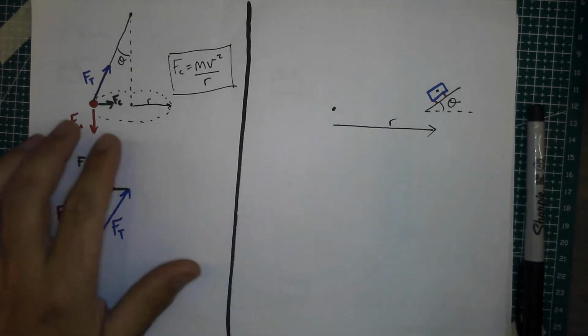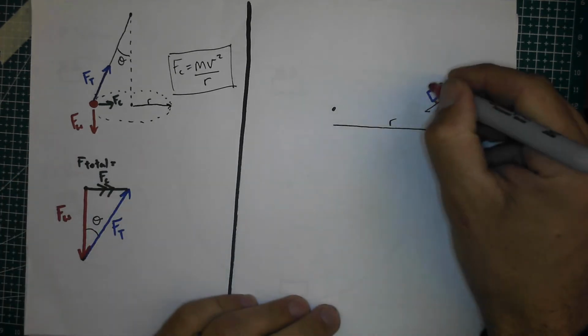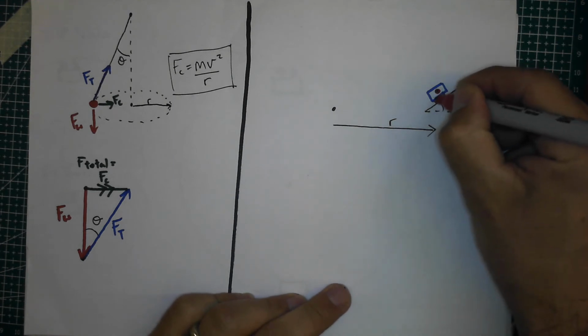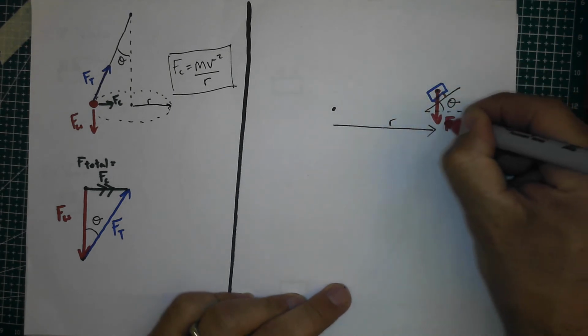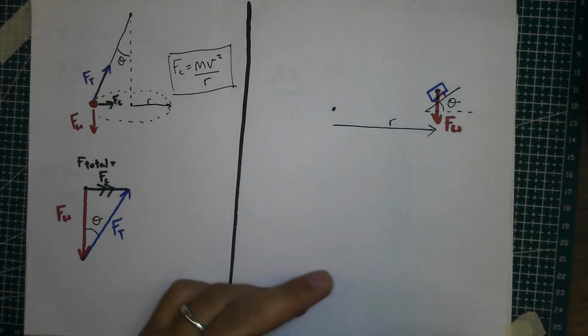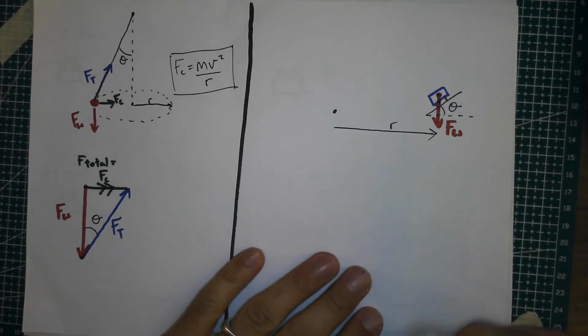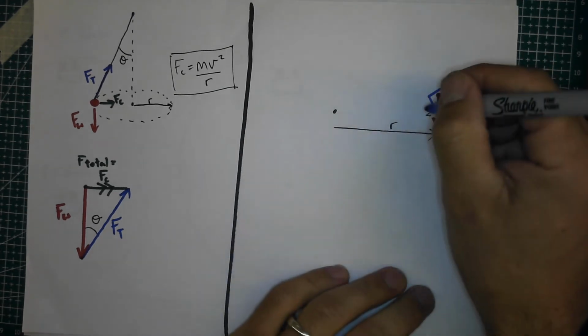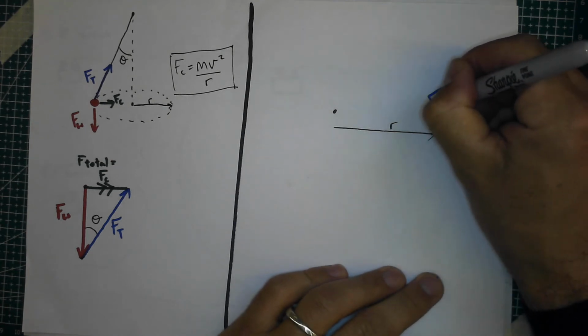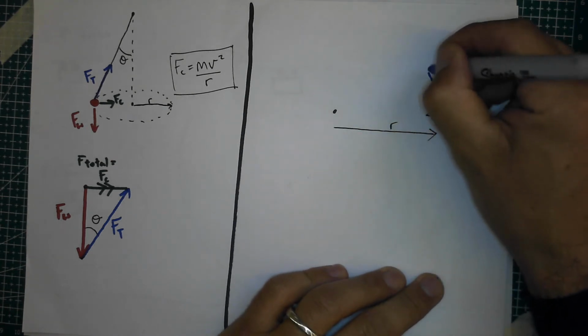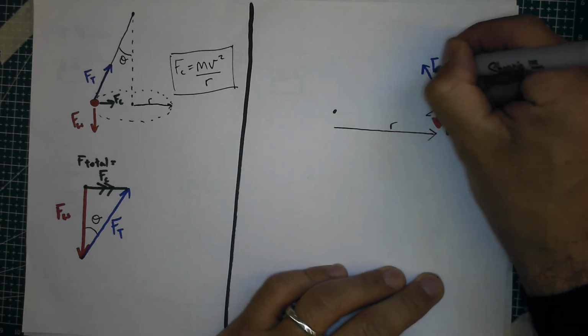So in this scenario, just like over here, there are two forces again acting on the car. There's the weight force acting from the center of mass downwards. And then there is the reaction force, and that's acting on the wheels. I'm just going to draw it in the middle of the car, acting up like so.